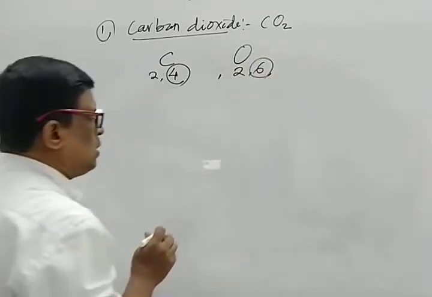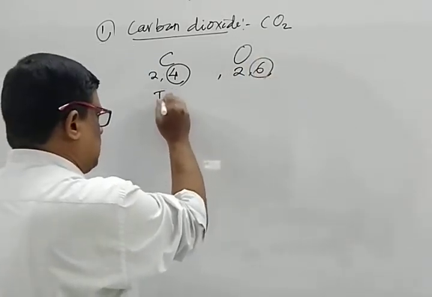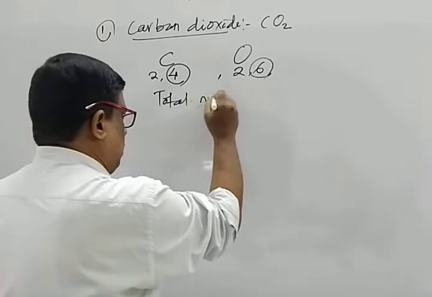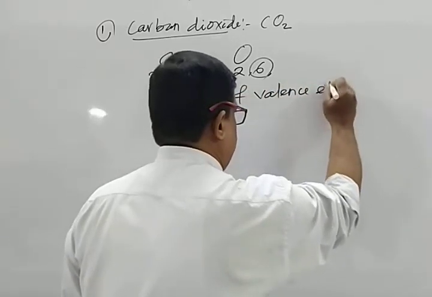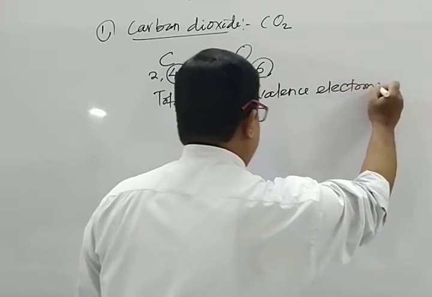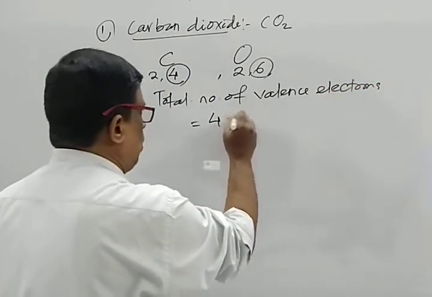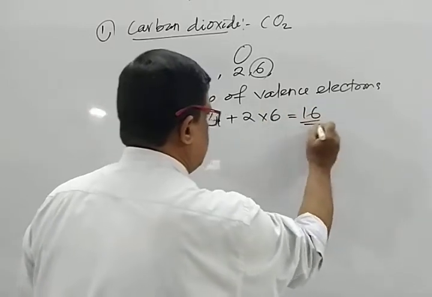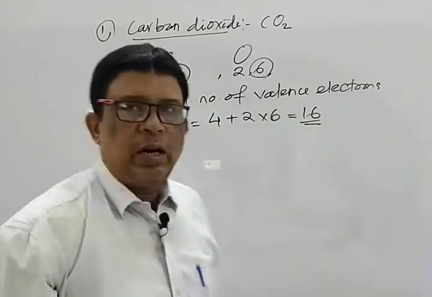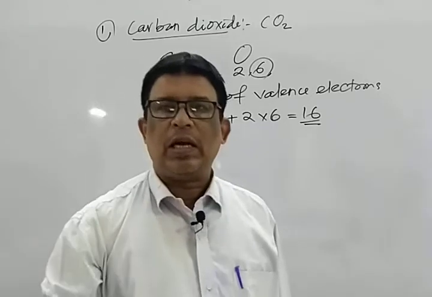Valence electron count is 6. So total number of valence electrons is equal to 4 plus 2 into 6, which is 16 electrons. That means 8 pairs of electrons are there.